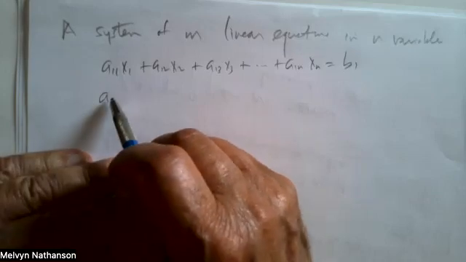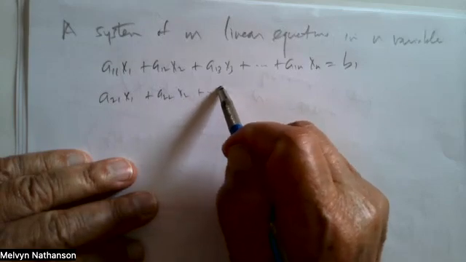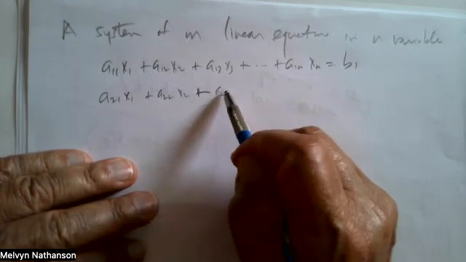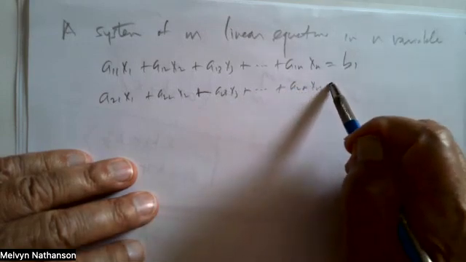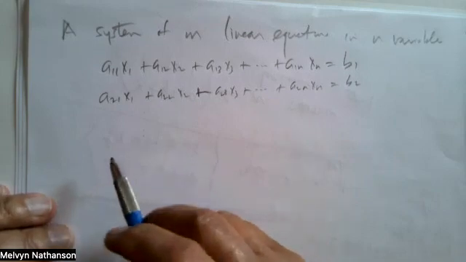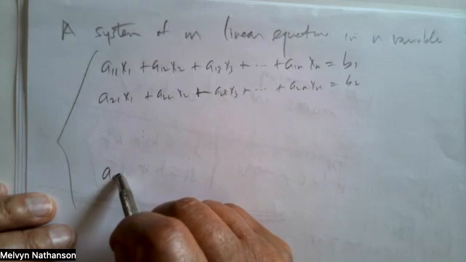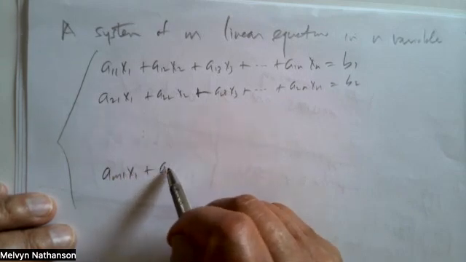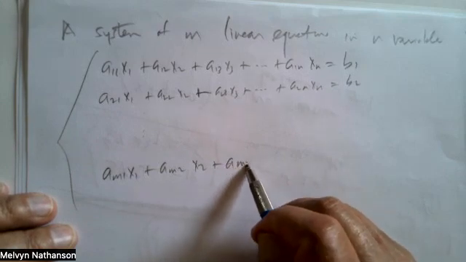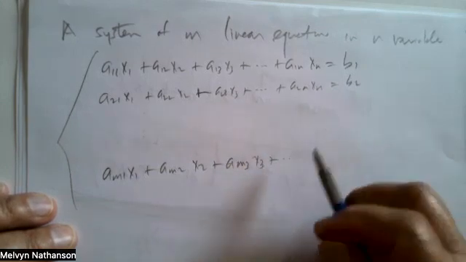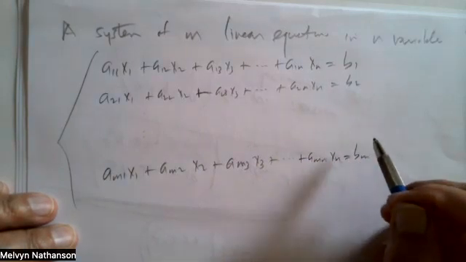And we write the second equation as a21 x1 plus a22 x2 plus a23 x3, up to a2n xn equals b2. All the way down to the mth equation, am1 x1 plus am2 x2 plus am3 x3 plus up to amn xn equals b sub m.